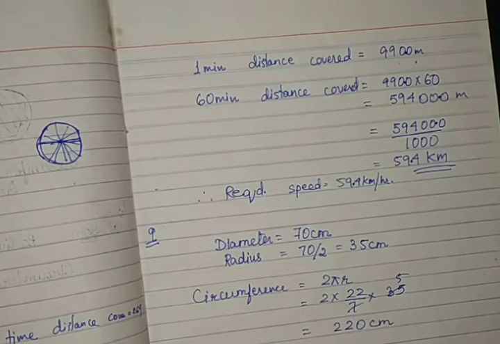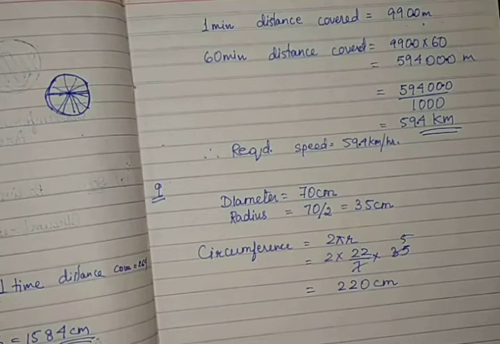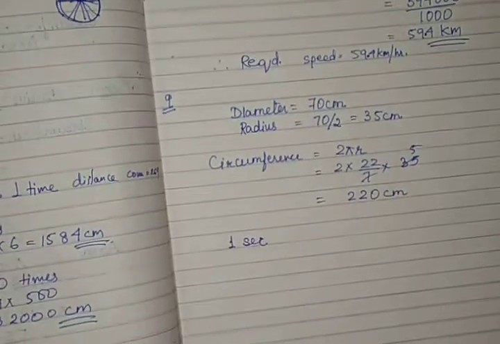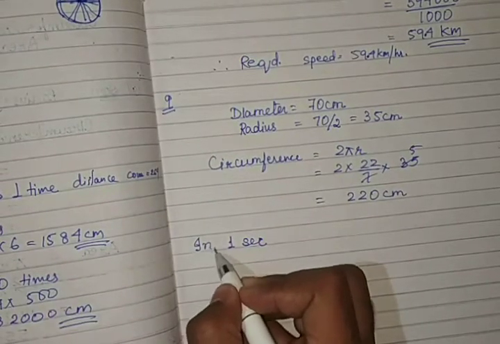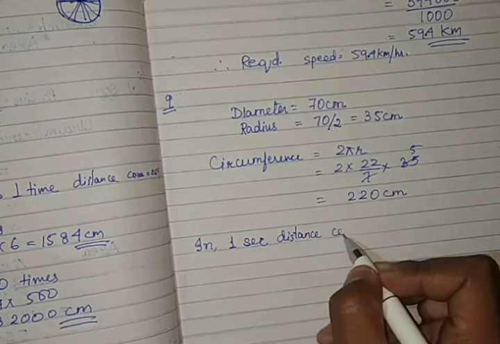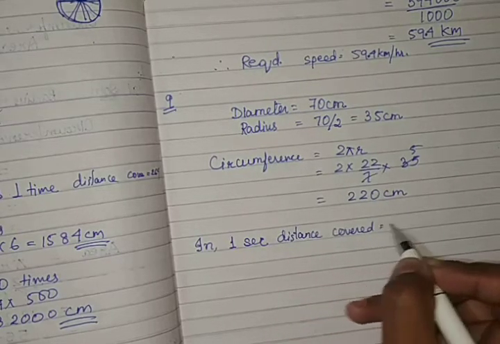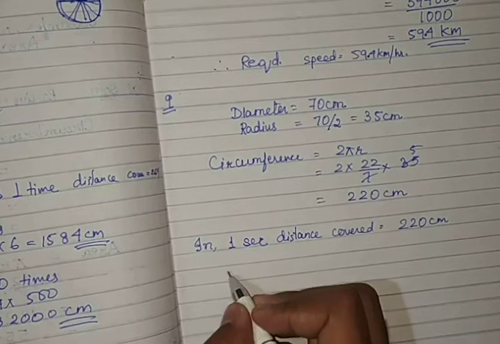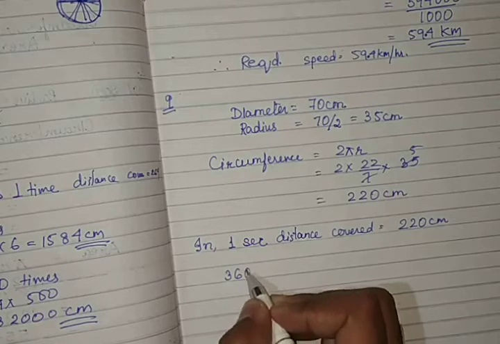This is the circumference. Now it is said that this much revolution is made in 1 second. So in 1 second, distance covered is 220 centimeter. Now you are asked in 1 hour. 1 hour is equal to 3600 seconds.